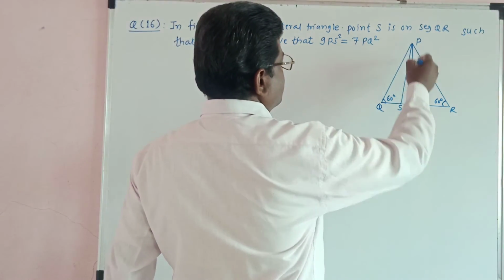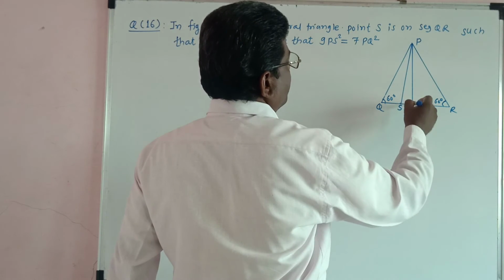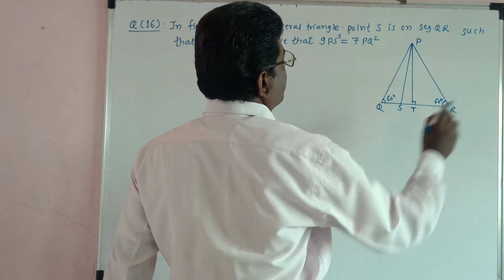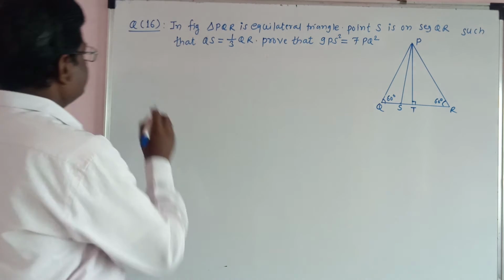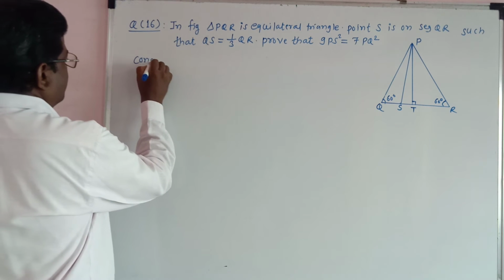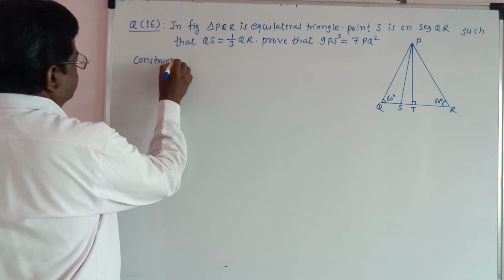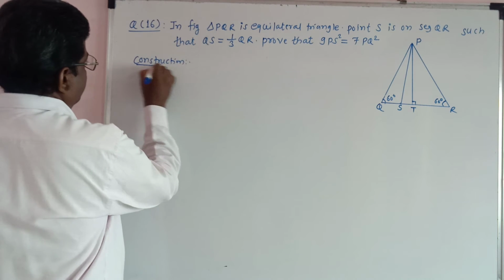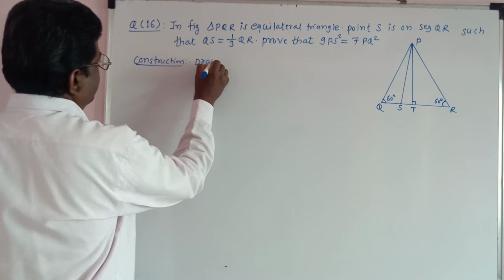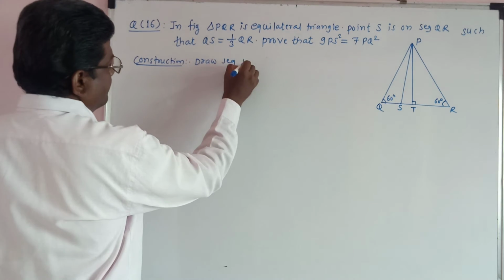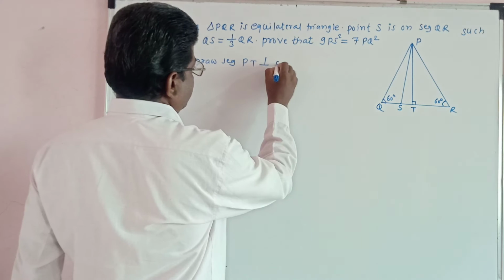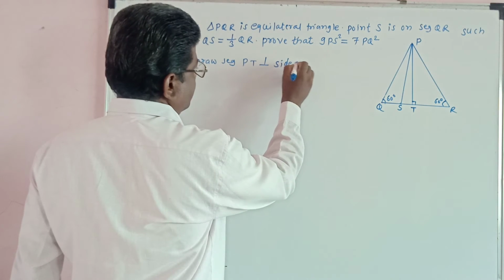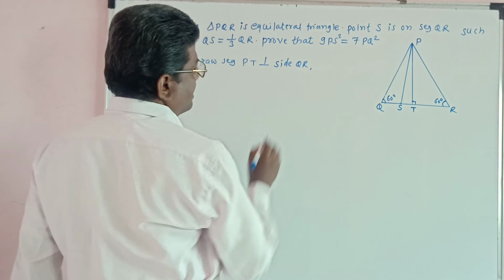Now here is the construction. Draw segment PT perpendicular to side QR.